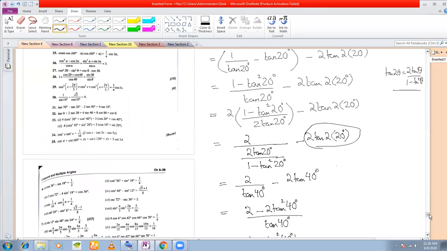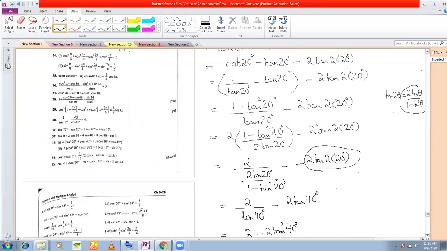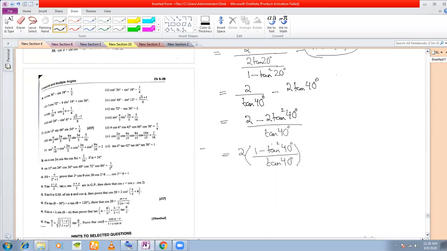Again, see the form here: 2 tan theta by 1 minus tan square theta. This is 1 minus tan square theta by tan 40. Only 2 is missing. So what you do here is you take another 2. 2 into 2, and you write this as 1 minus tan square 40 degree by 2 tan 40 degree.